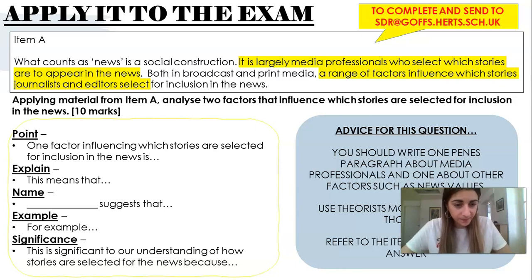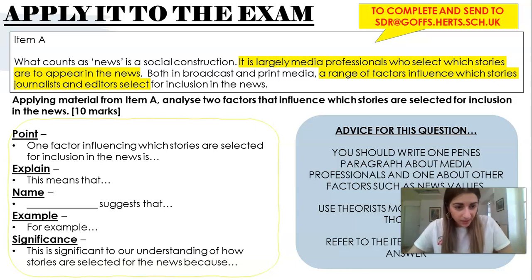Now, in terms of advice for this, obviously you'll follow the Penner structure as you do in all 10-mark questions, so you'll have 2 Penner's paragraphs: point, explain, name, example, significance, and you can see that I've got some sentence starters there to help you if you don't know how to word it. So you do that twice, but in the second paragraph say a second factor influencing instead.